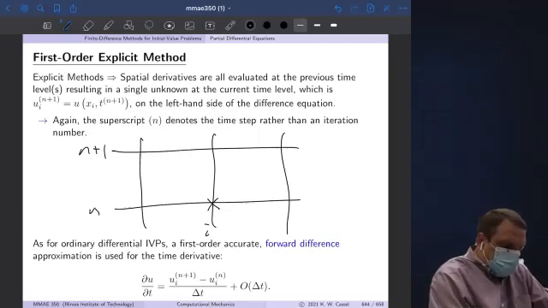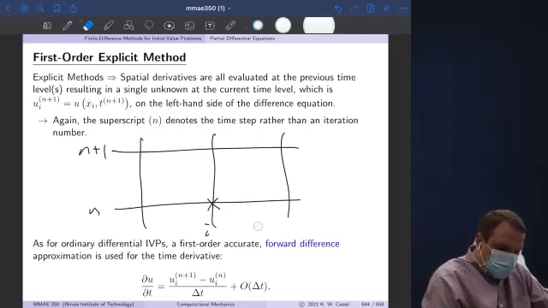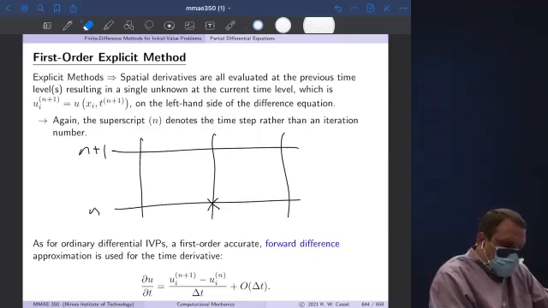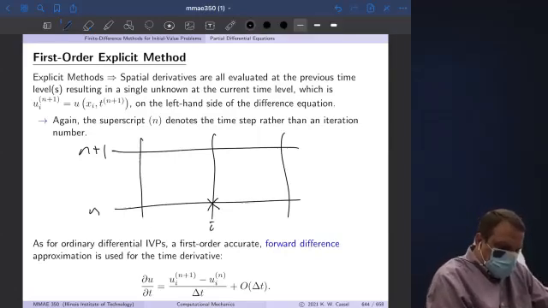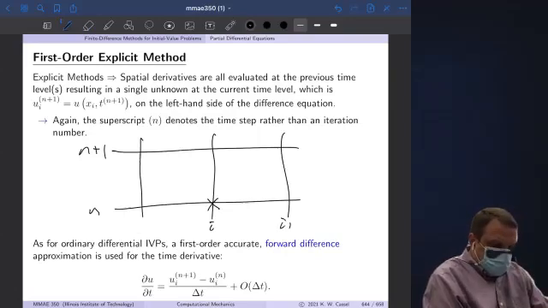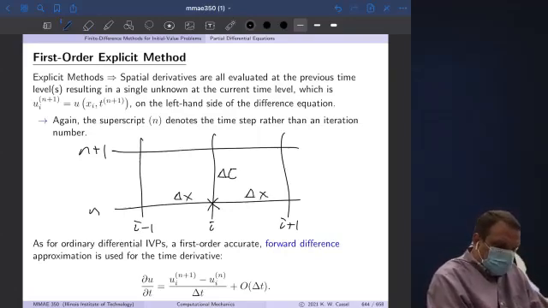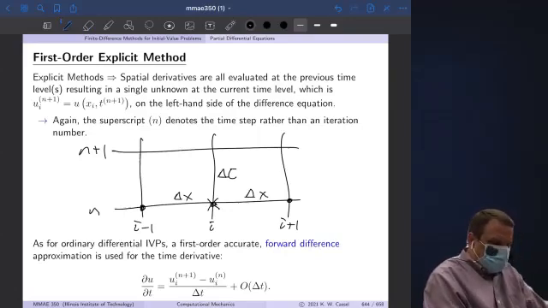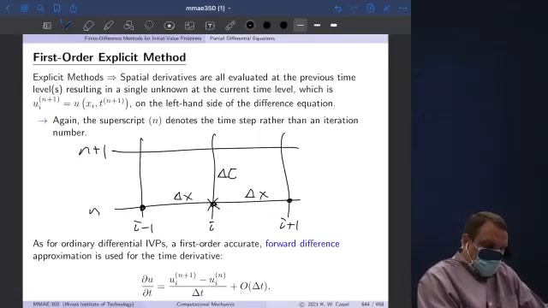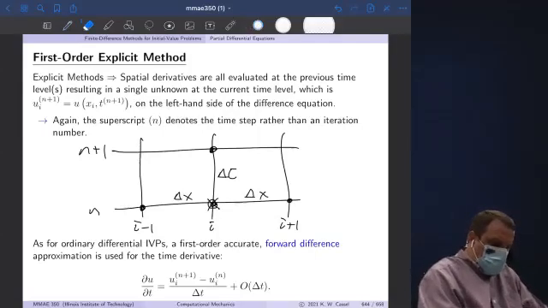So i, n is where we are approximating the equation. So it's going to involve this point, and this point for the spatial derivative, and then this point and this point for the time derivative.